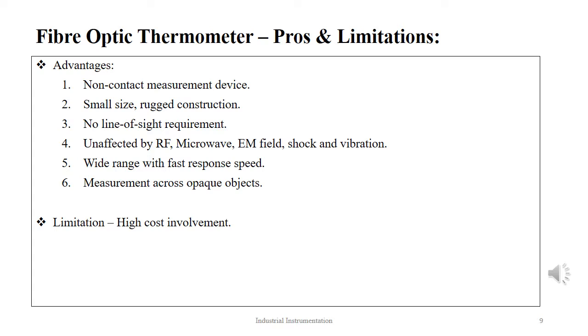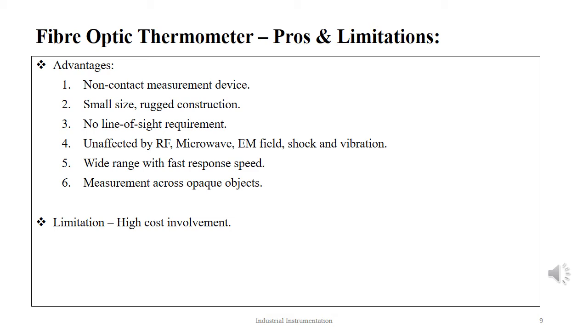The advantages of the fiber optic thermometer are as follows. The device is a non-contact device and carries out measurement from a distance. The device size is small and it is rugged in construction. There is no requirement of any line of sight to carry out the measurement.